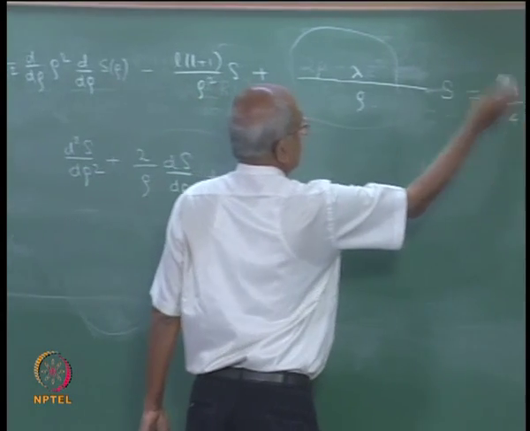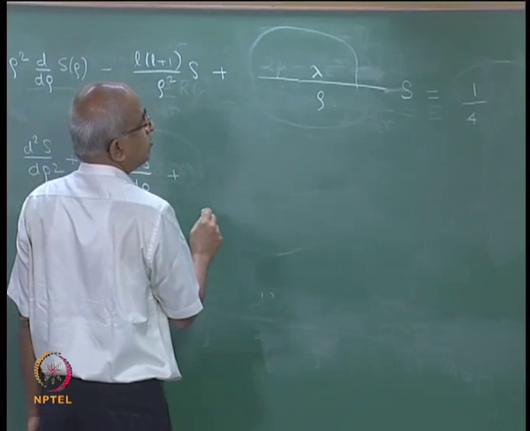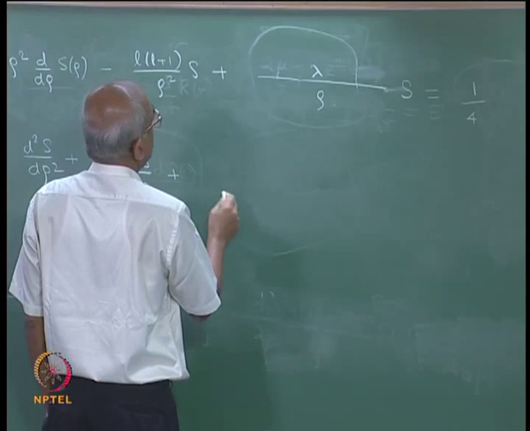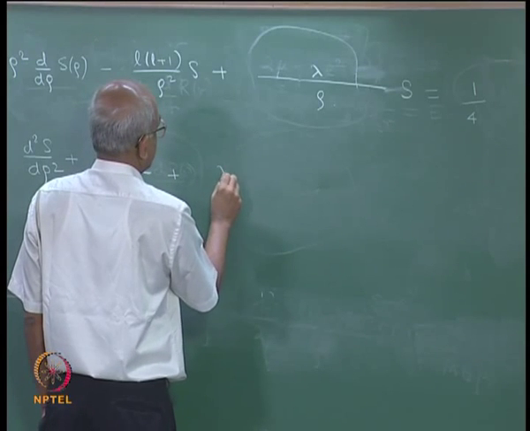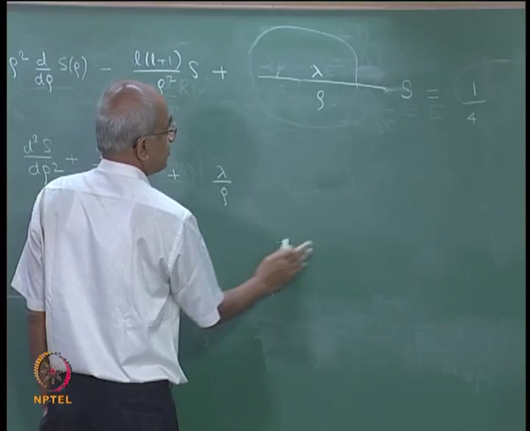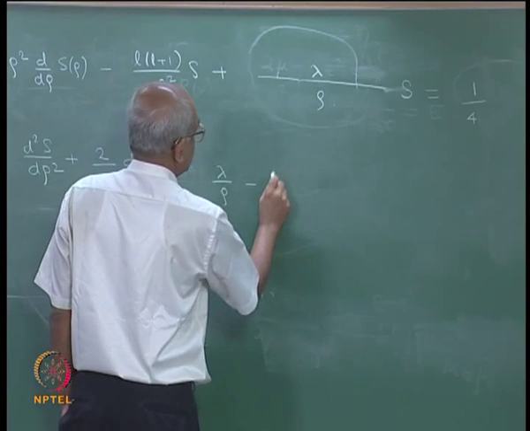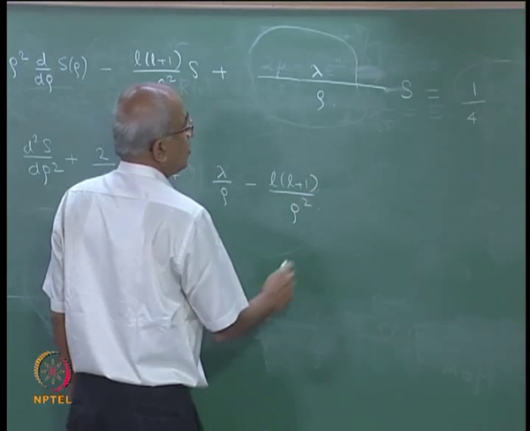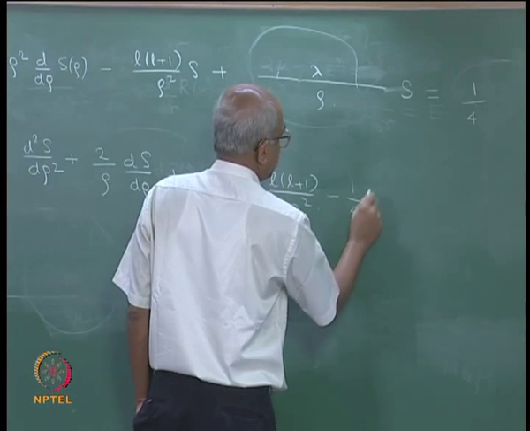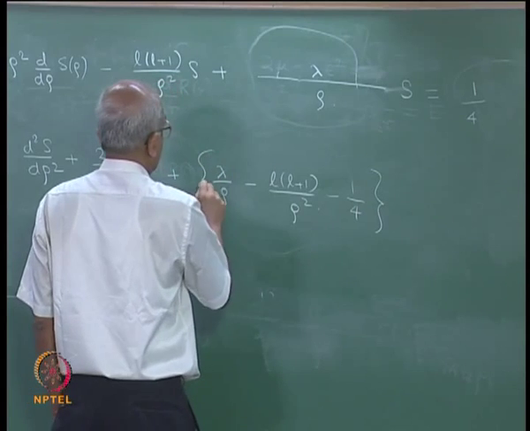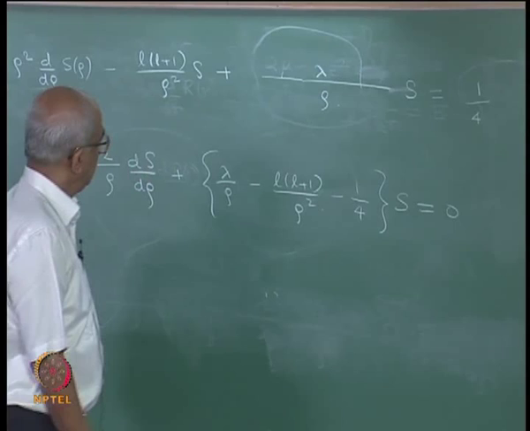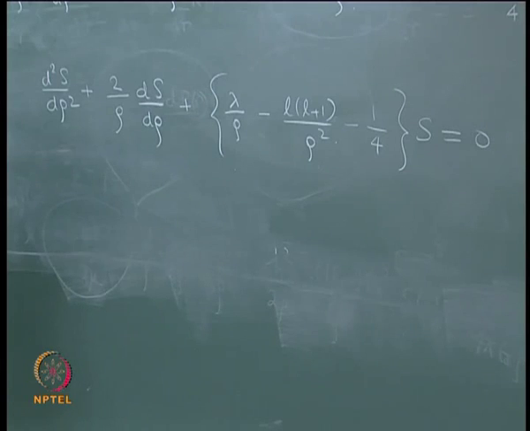I will take this term to the left hand side. So, what I will get is plus lambda by rho minus L into L plus 1 by rho square minus 1 by 4 into S is equal to 0.